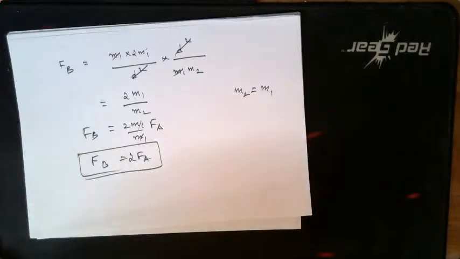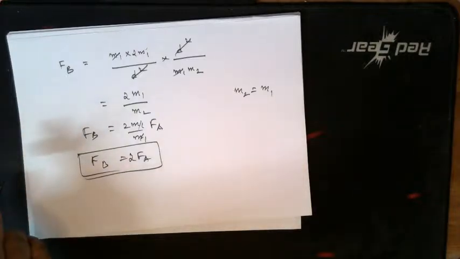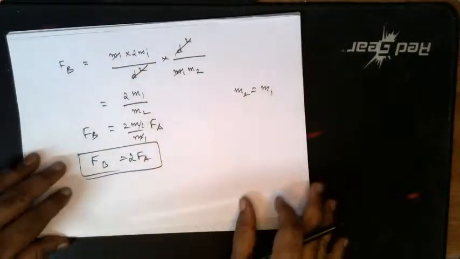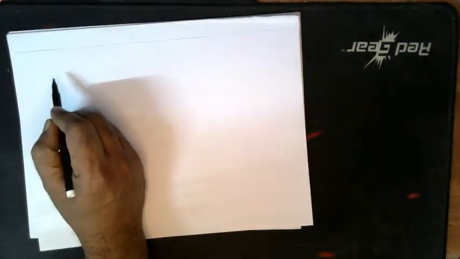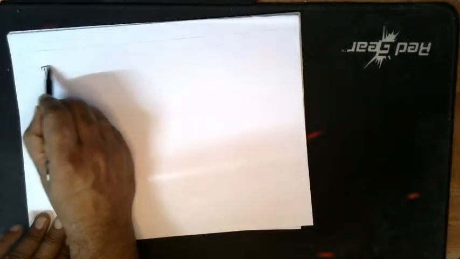Now let us go to the second one. The distance between the objects is doubled and tripled, and they have not discussed M1, M2. Are you able to follow? So let us retain the same. Let me say D1, D2.